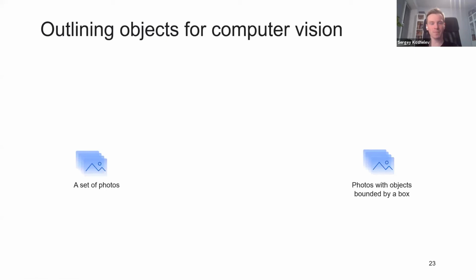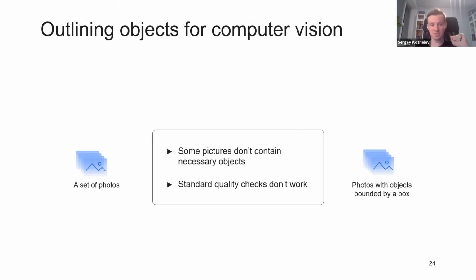Or for example, you are working in computer vision and you need to outline some objects in the pictures. So you have a set of photos and you want to get these photos with some objects annotated with bounding boxes.